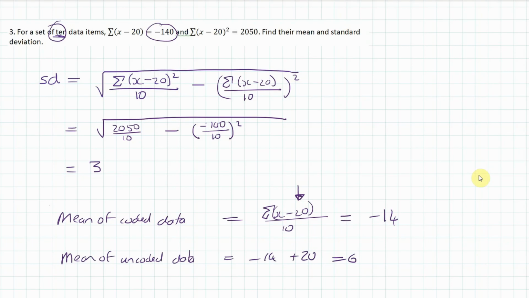Just remember, all that's happening is when you code data, everything shifts. Let's say we've got some data like this, and our mean is approximately here. If we shift everything by minus 20, we go over this way. To get back from that mean to the original mean, we just add 20. So that's all I'm doing here.